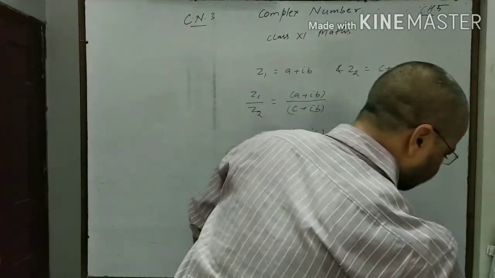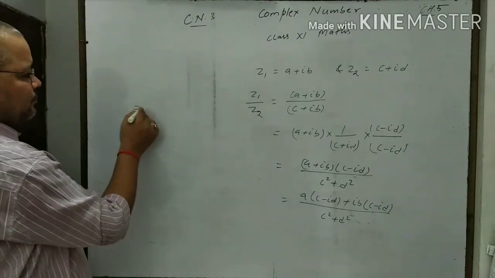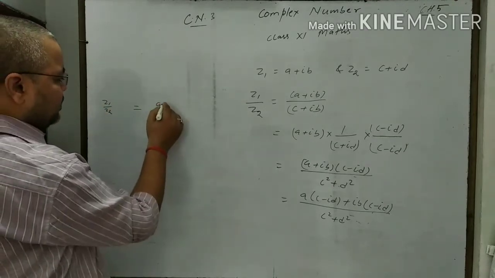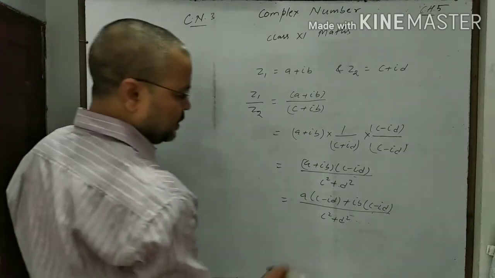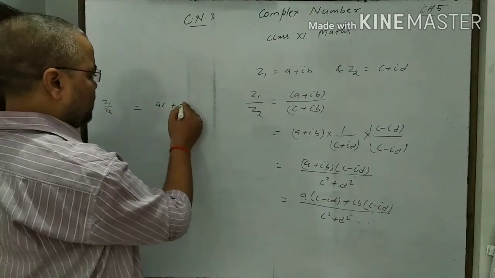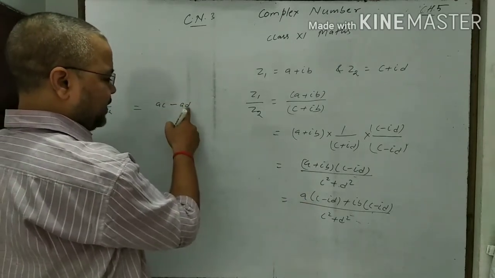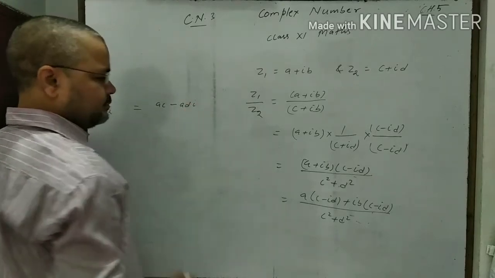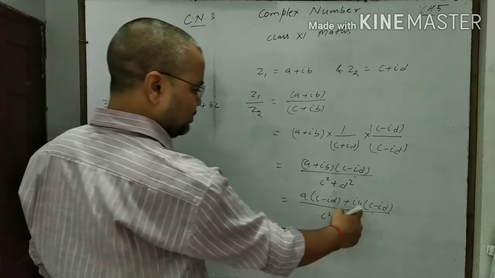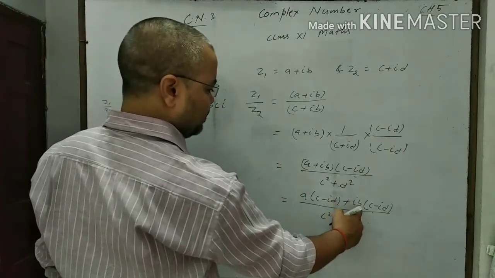So z1 by z2 is ac, and look here, minus adi, again here plus bci, minus bd into i square.